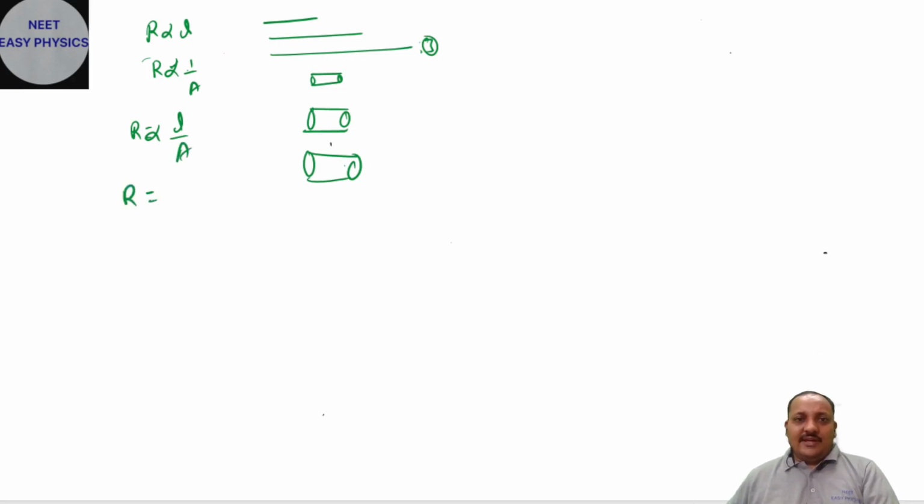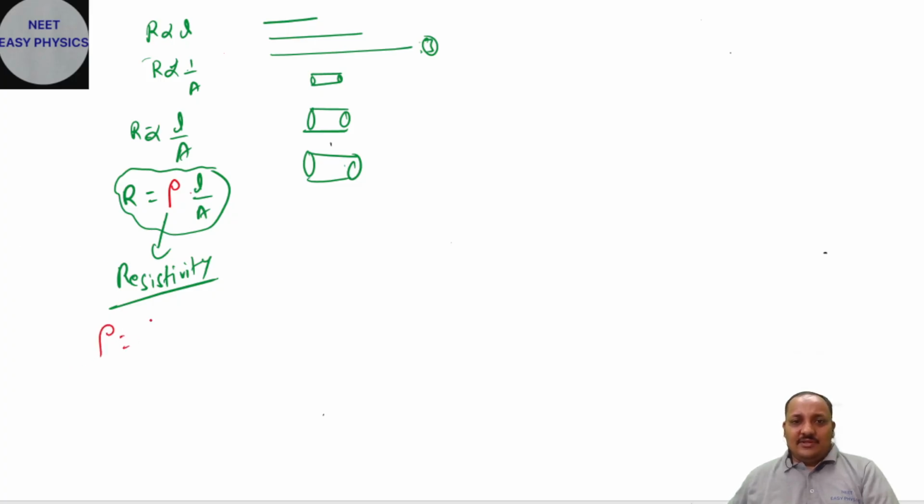So we write one constant, rho, so R is equal to rho L by A. What is this rho? Rho is nothing but resistivity, or specific resistance. What are the units and dimensional formula for rho? Rho is equal to R A by L, so ohm meter square per meter, which is nothing but ohm meter.